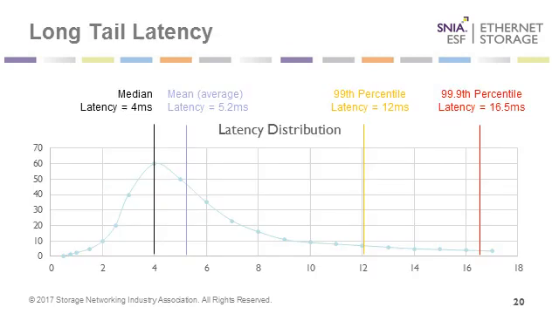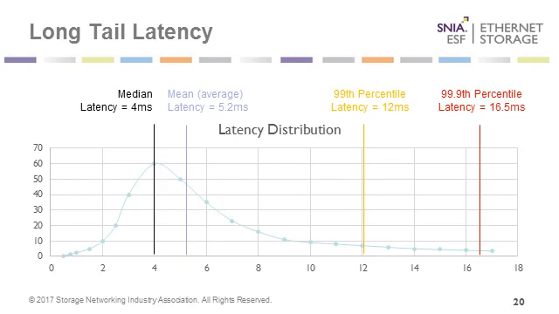I mentioned this long tail latency, or the 99.xx percentile measurement, and this is a graphical example of that. The blue line shows a distribution of latency. If I took all my transactions and plotted the latency, measured on the bottom, in this case in milliseconds, but it could be microseconds or nanoseconds, and then showed how often it happens, I get this curve.